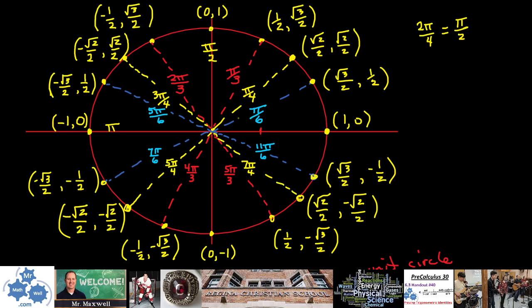And this is 1 pi over 2, 2 pi over 2. This is 3 pi over 2. This angle here, 3 pi over 2. And this would be 0 and 2 pi. Okay? So those angles are going to be very important as well when you're doing your calculations and questions on the unit circle too, okay?